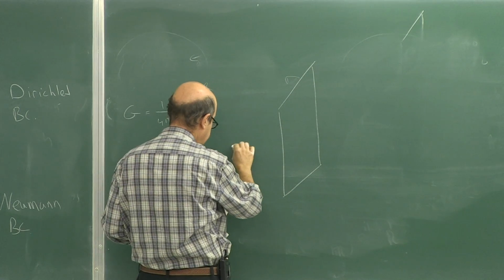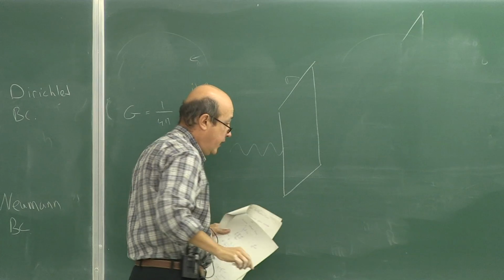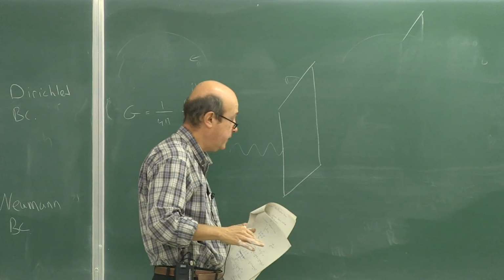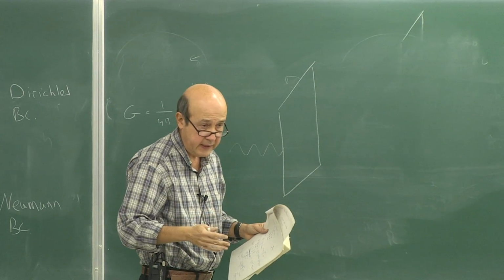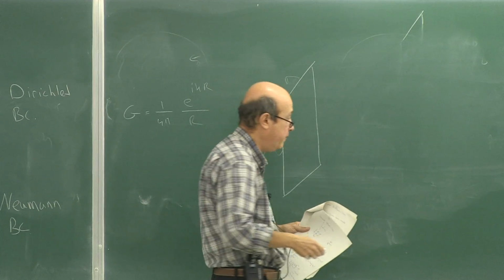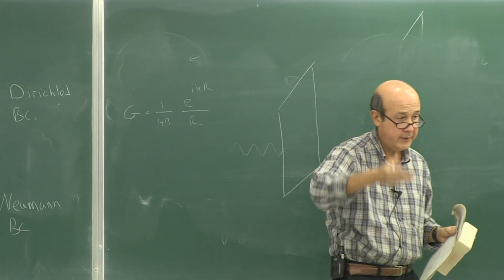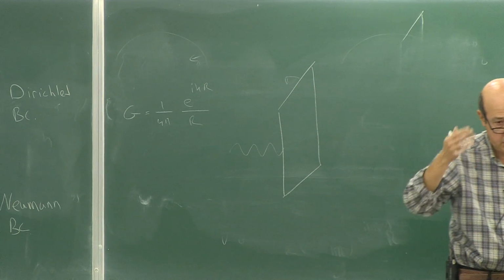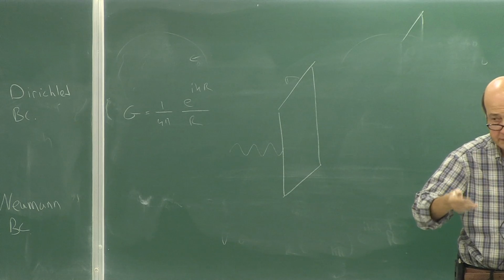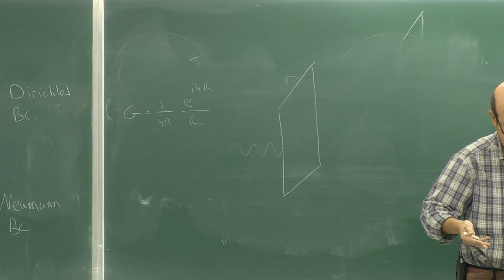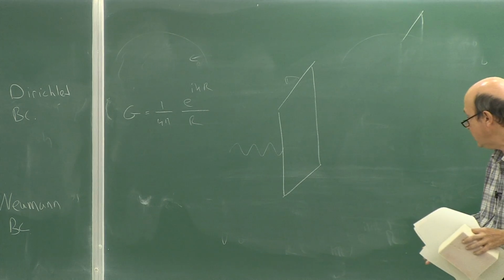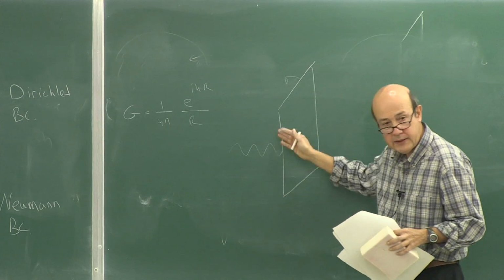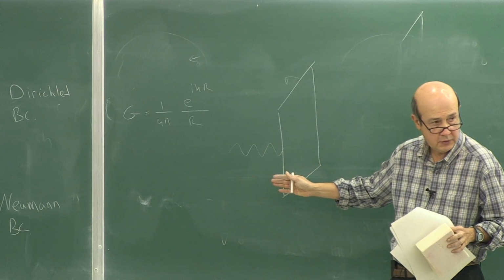If the electromagnetic wave interacts with the surface, what will happen? It will reflect. But at the same time, what will happen? The oscillating components of the electric field will induce a surface current.